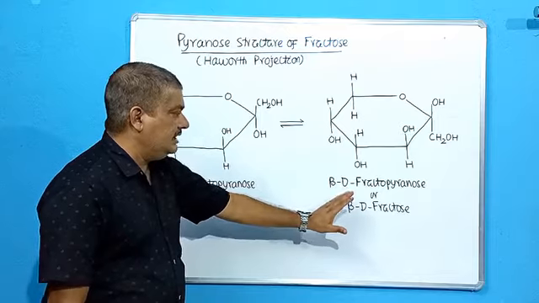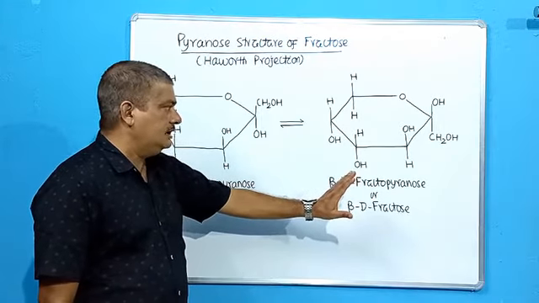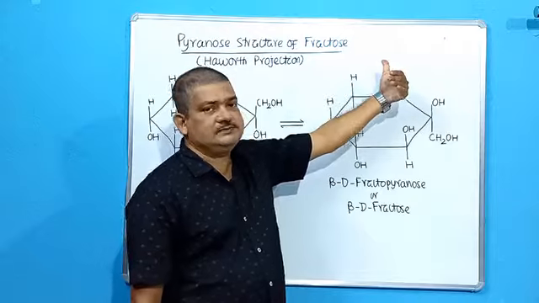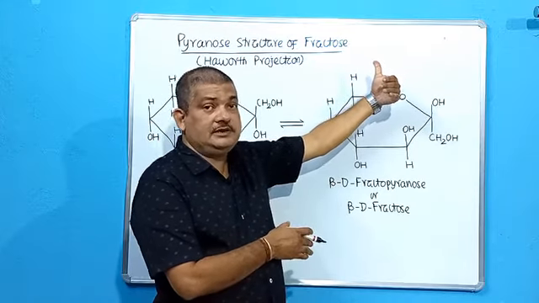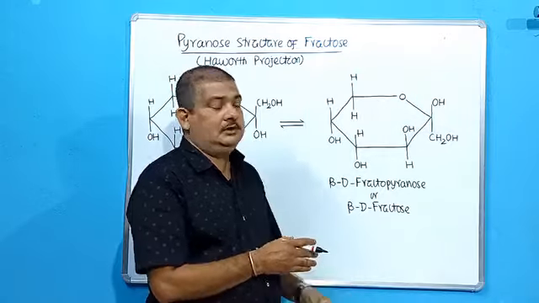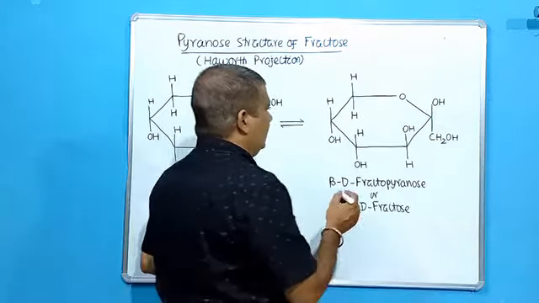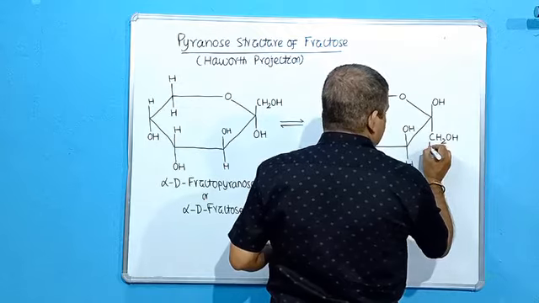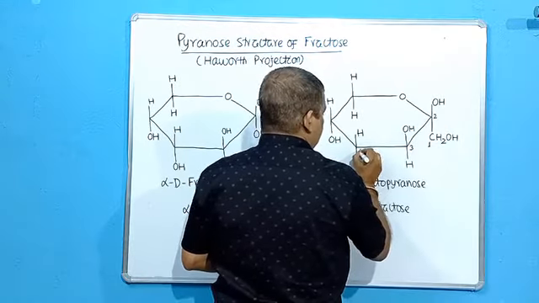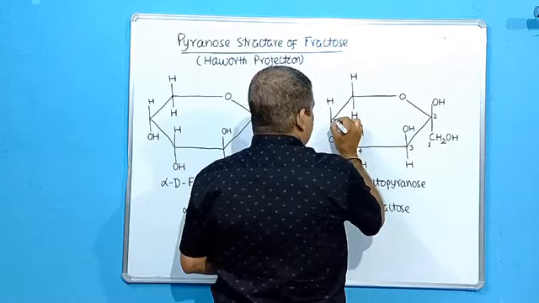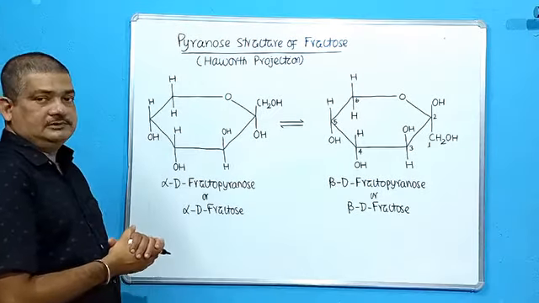So this is beta D fructopyranose or simply beta D fructose. Why beta? Because OH is present at the top. Top means left hand side. Whatever will be on the left hand side will be at the top. So how to count it? First carbon atom, second one, third one, fourth one, fifth one, and sixth one.